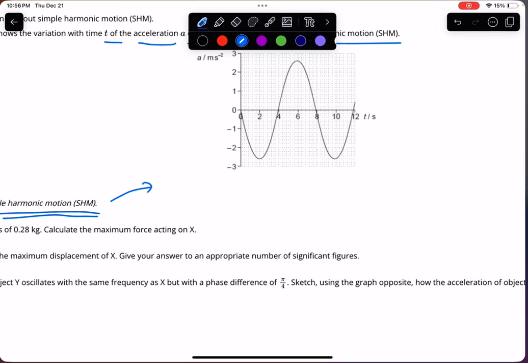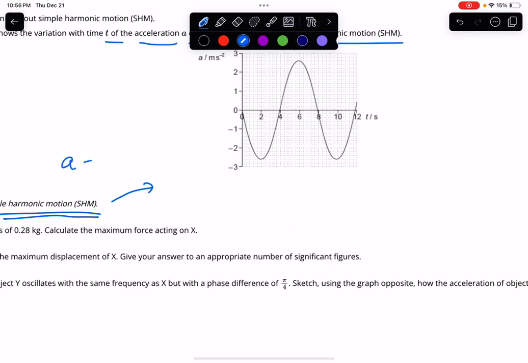So as we have learned, for simple harmonic motion, the defining equation is acceleration is negative omega squared x. So therefore, the first condition of simple harmonic motion is that the acceleration, right?